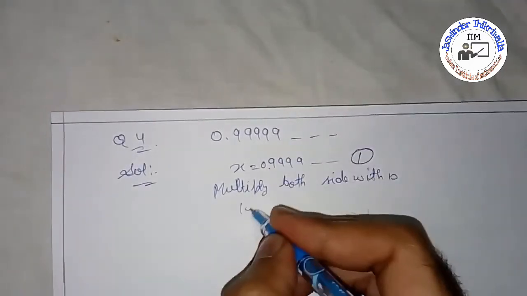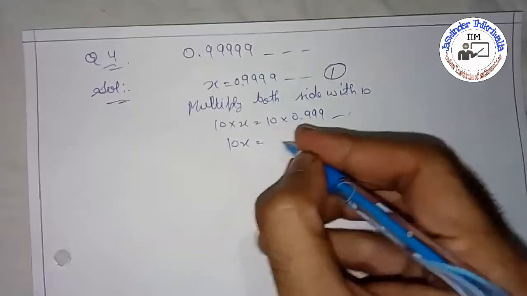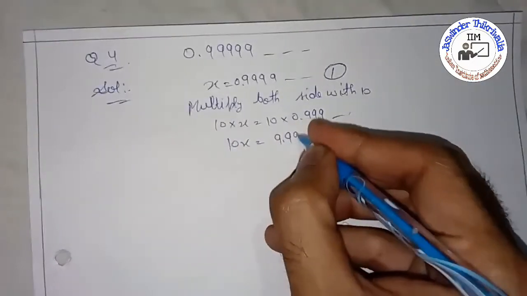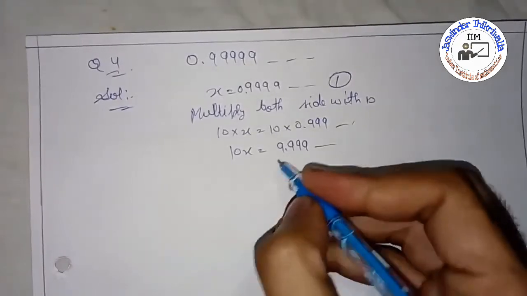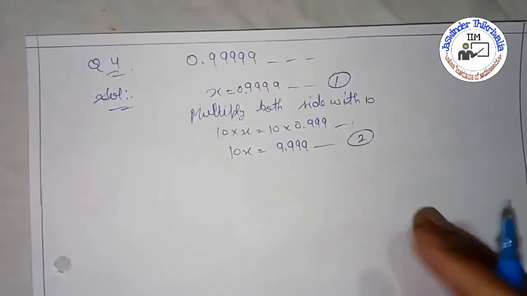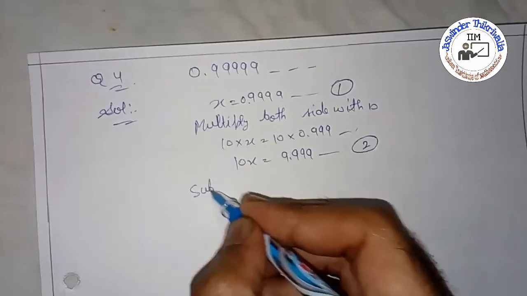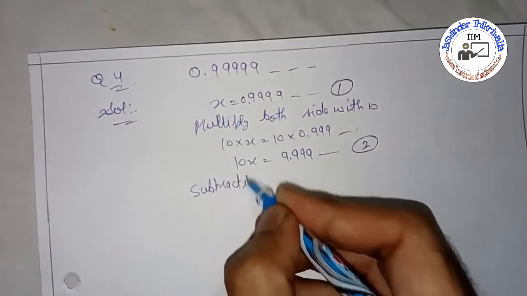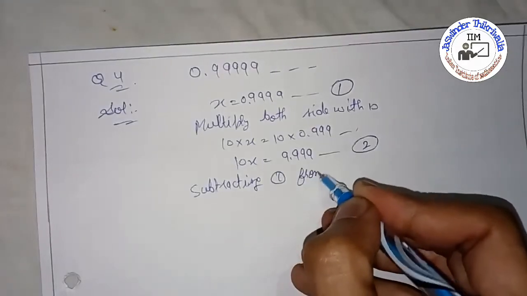What do we get? 10 into x, and 10 into 0.999 and so on. So 10x is equal to 9.999 and so on. It is equation number 2. Now we subtract, by subtracting 1 from 2.